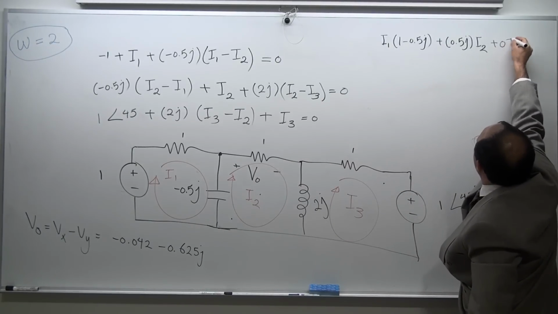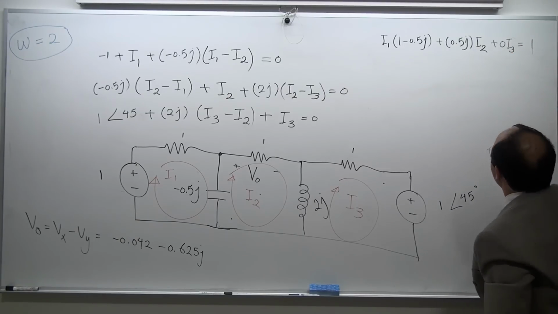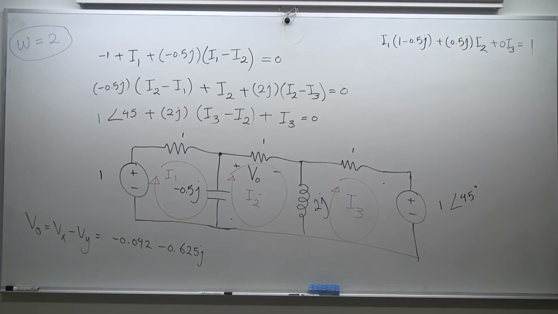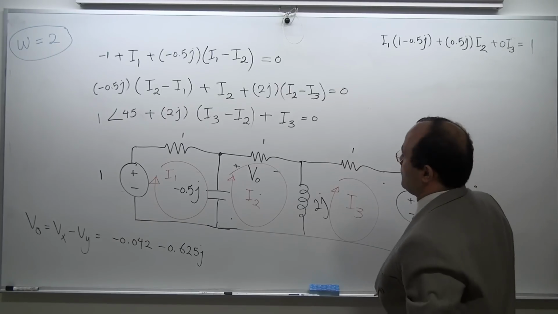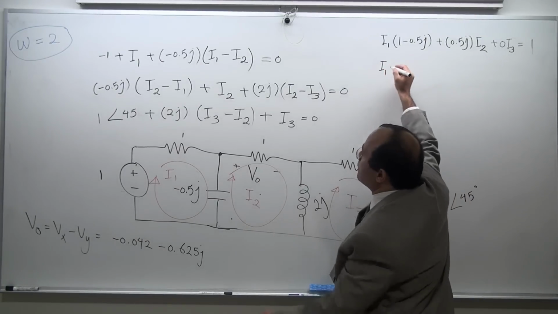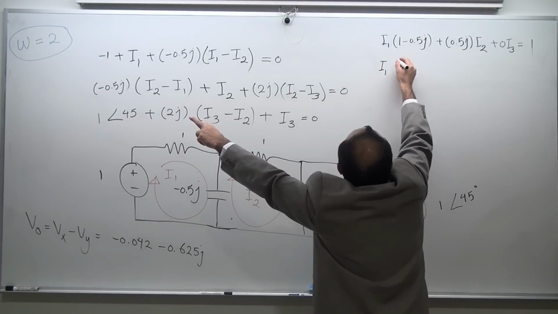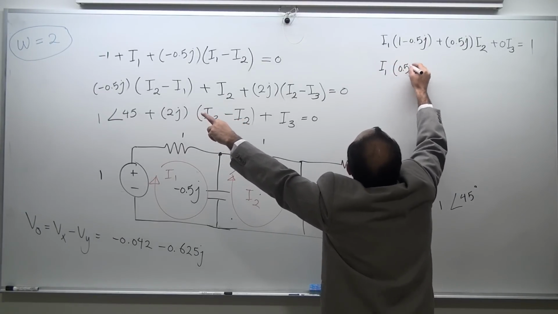Plus 0 I3 equal to minus 1 goes to the other end, it's going to be plus 1. I need to maintain the same steps, the same organization. So it's going to be I1. I'm going to have minus minus. I can do this much simplification, no harm.